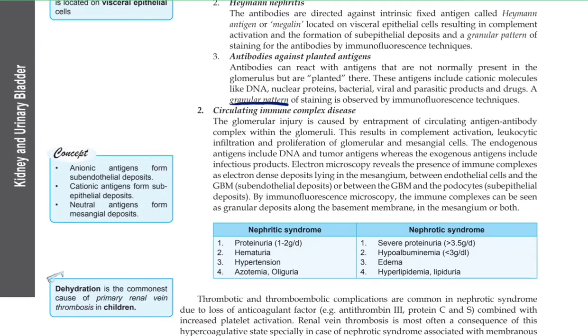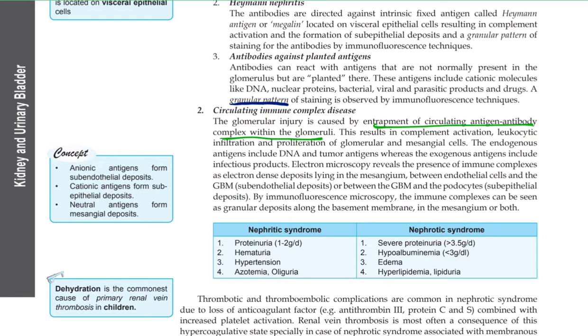Now circulating immune complex disease. In circulating immune complex disease, the glomerular injury is caused by entrapment of circulating antigen-antibody complex within the glomeruli. This results in complement activation, leukocytic infiltration and proliferation of glomerular and mesangial cells.